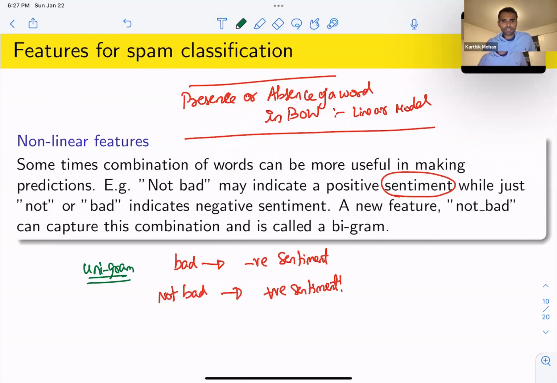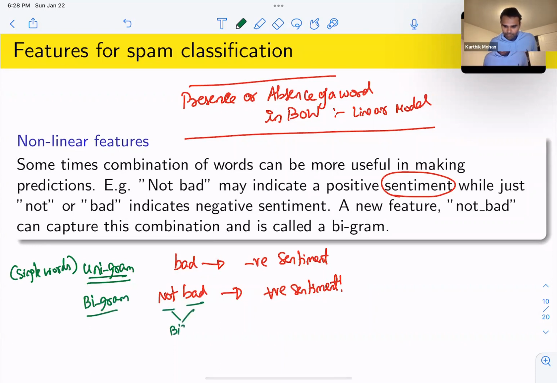The units could be words, stems, or characters, but here we're looking at words. So unigram refers to single words. So if I'm looking at single words as features in my bag of words model, that's a unigram. So detecting the presence or absence of bad tells me there's some negative sentiment going on. But hey, wait a minute. If I have not bad, this is a bigram because I'm combining not and bad. So that's a bigram. Now it's a positive sentiment, right?